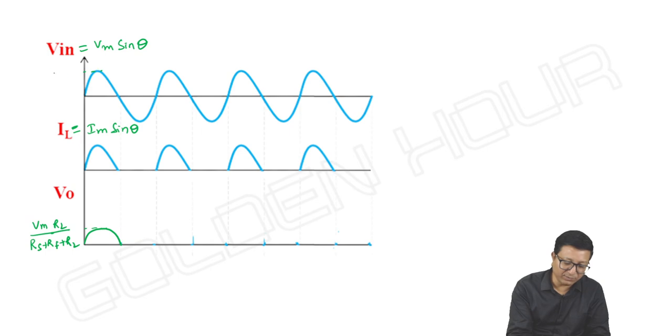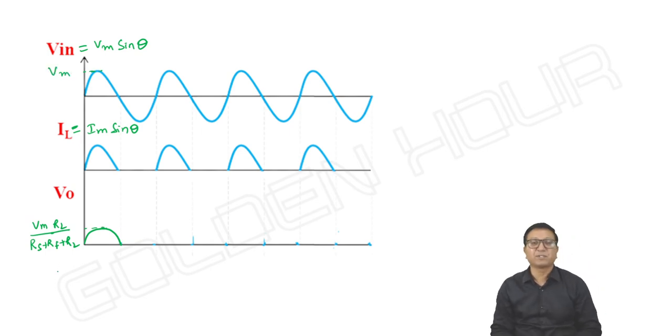So input secondary voltage has a peak amplitude of Vm, but output voltage has a peak amplitude of Vm into RL by Rs plus Rf plus RL.